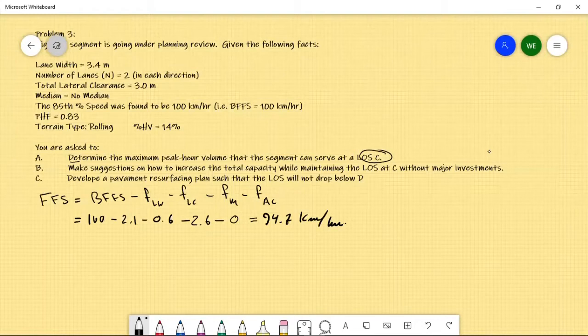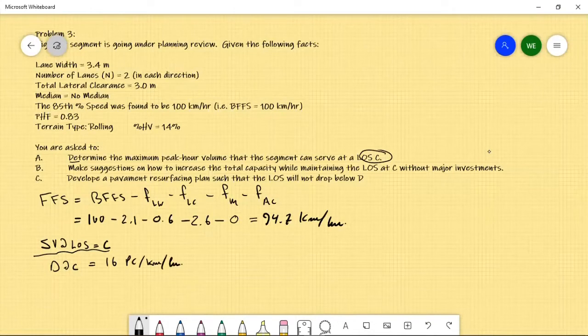So let's look at the service volume. Basically, here they are looking for the service volume at LOS equal C. So how can we calculate this? Let's look at the density at C, equal 16 passenger cars per kilometer per lane.